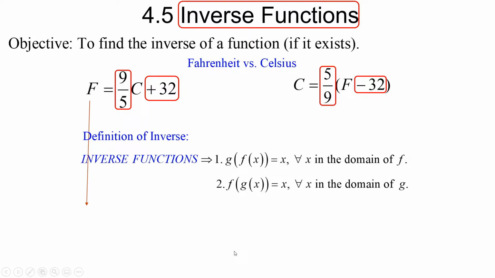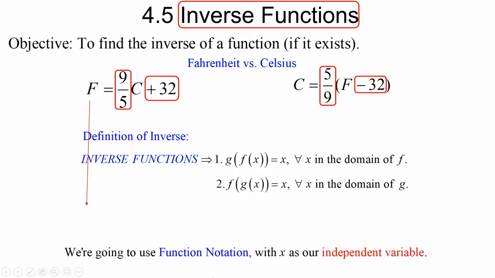So let's take this Fahrenheit equation and let's write it y in terms of x. We're going to use function notation with x as our independent variable. So let's say f of x equals 9/5 times x plus 32. And let's do the same thing over here with the Celsius temperature.